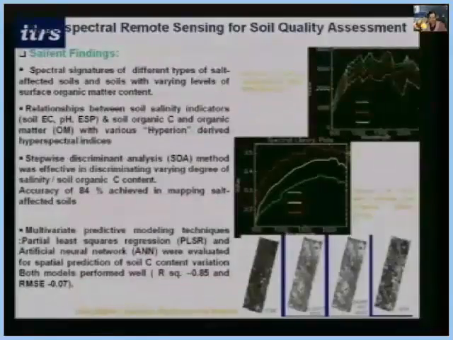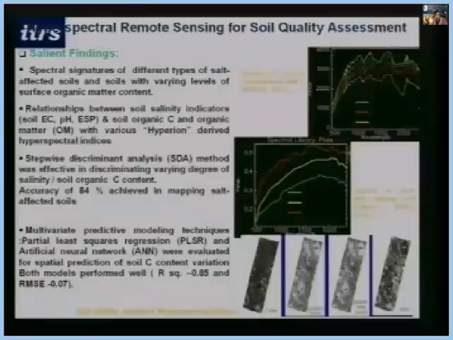These are some of the examples which have been attempted at IRS, using hyperspectral remote sensing for studying soil quality assessment.